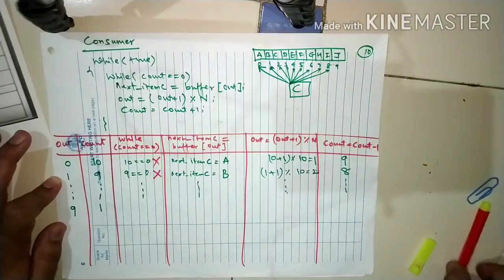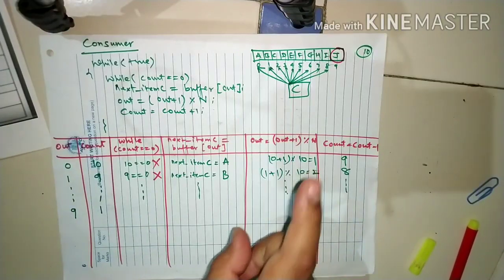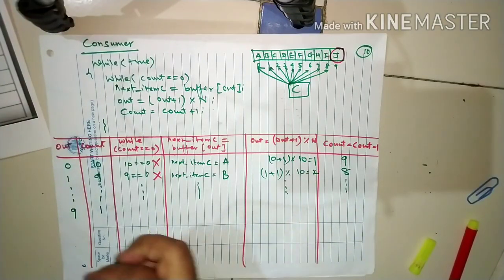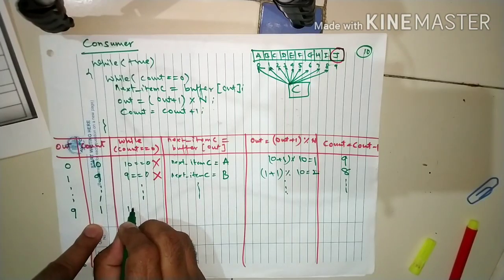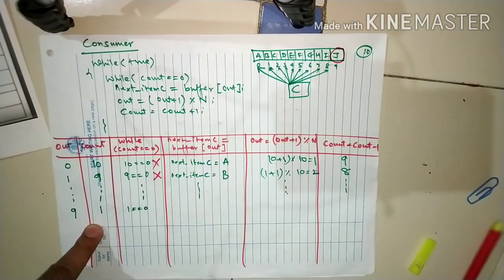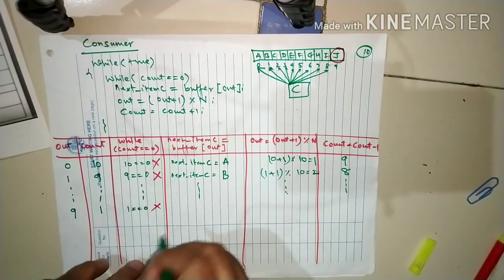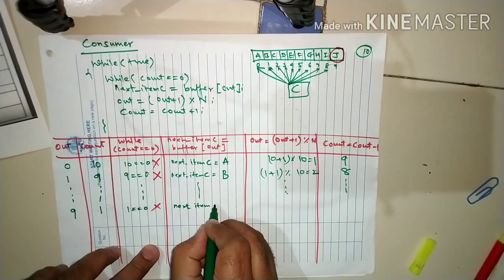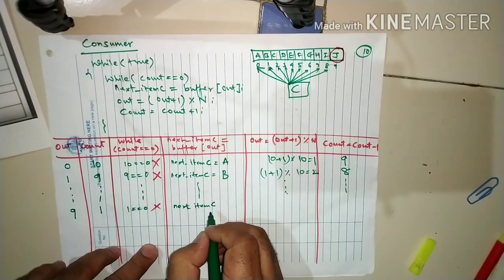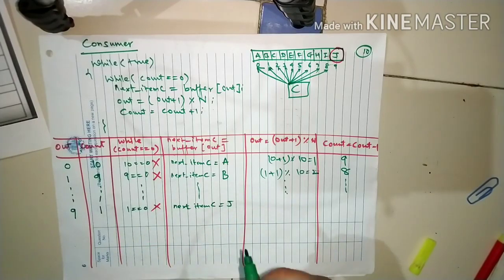So we have only the last element, J, present in the buffer, so count equals 1. We check count: 1 is equal to 0, again false. So the next item the consumer has to consume, next item C, is J.